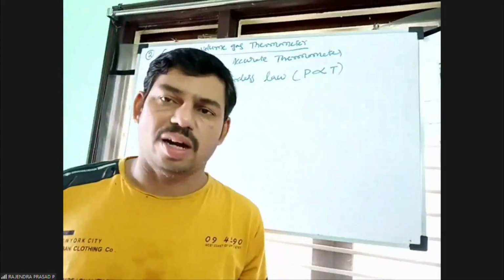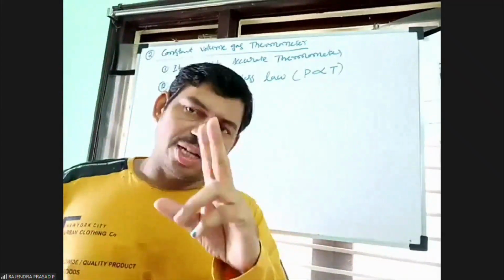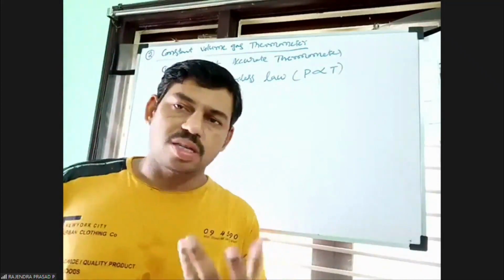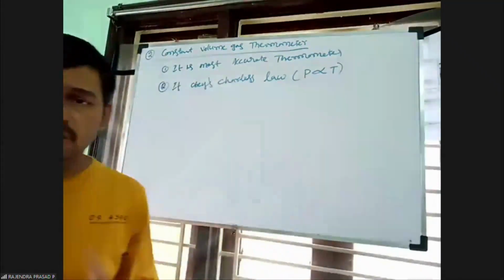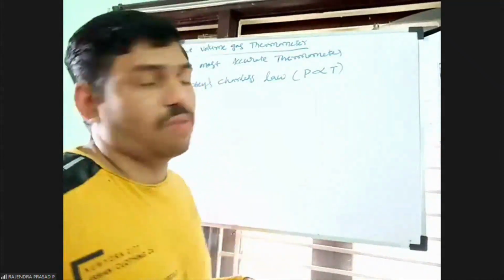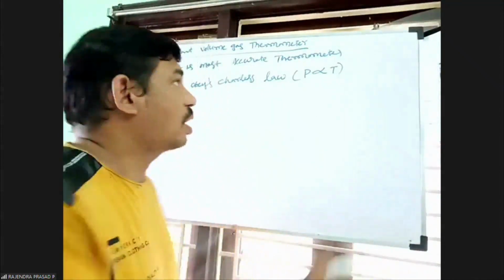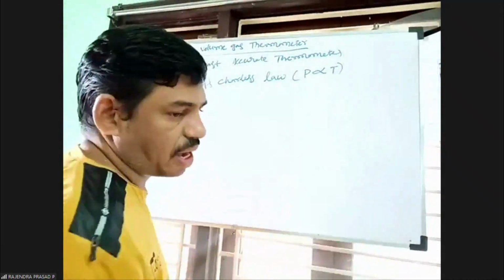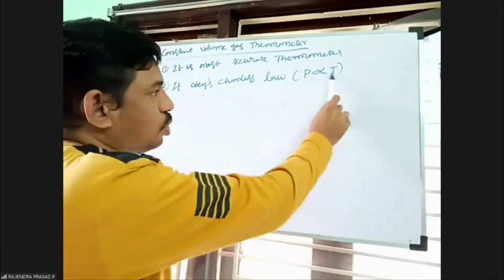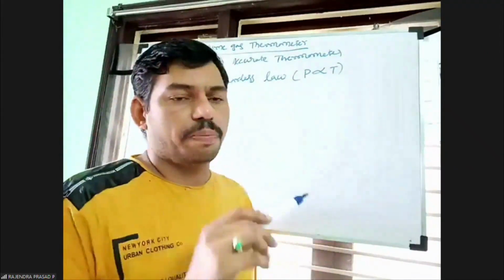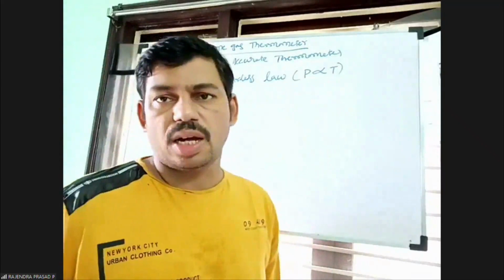This is called Charles law. There are two laws, first law and second law. The second law is also Gay-Lussac's law. First law is constant pressure, constant volume. At constant volume, the pressure of a given mass of a gas is directly proportional to absolute temperature. This is called Charles first law.